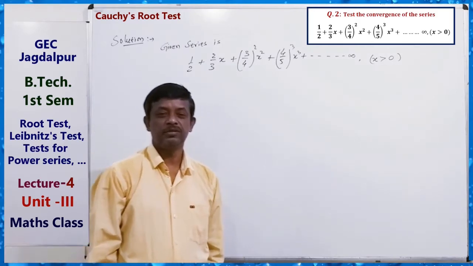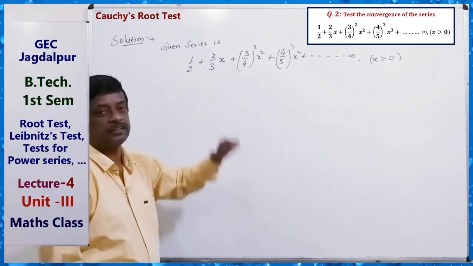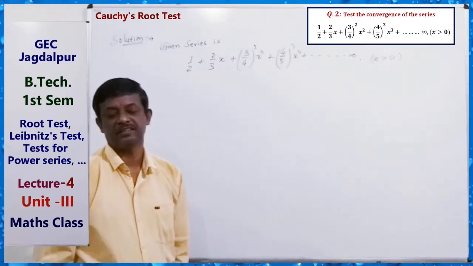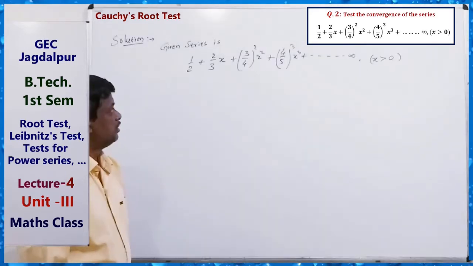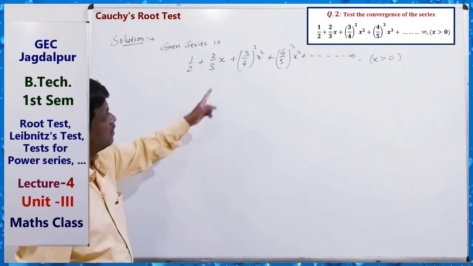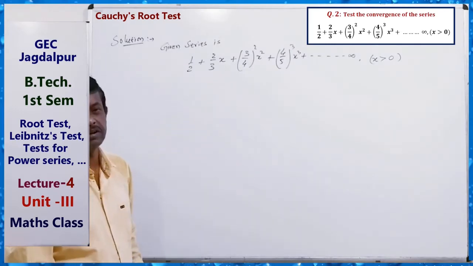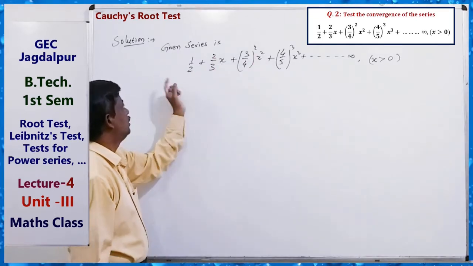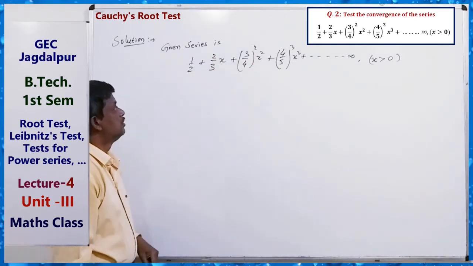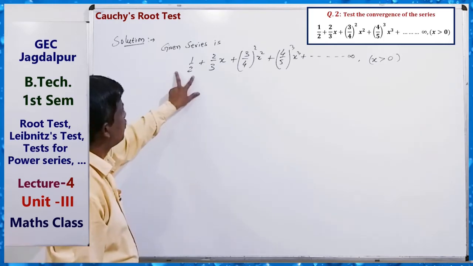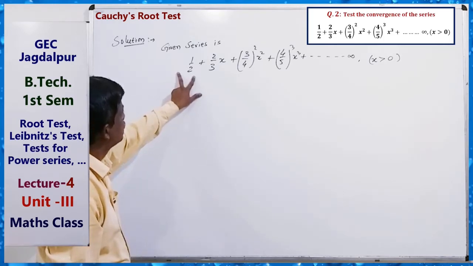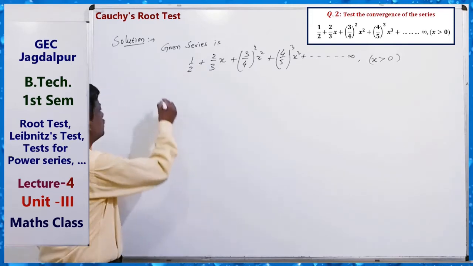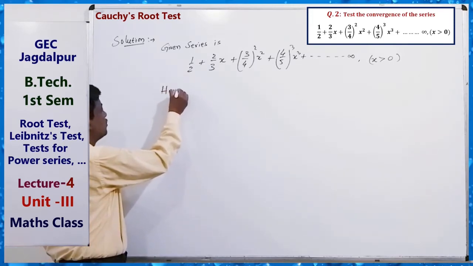First of all, we have to find the nth term of this series. Here we see that each term has some power: 3, 2, 1, so it is a different type of term. So we can write its nth term.